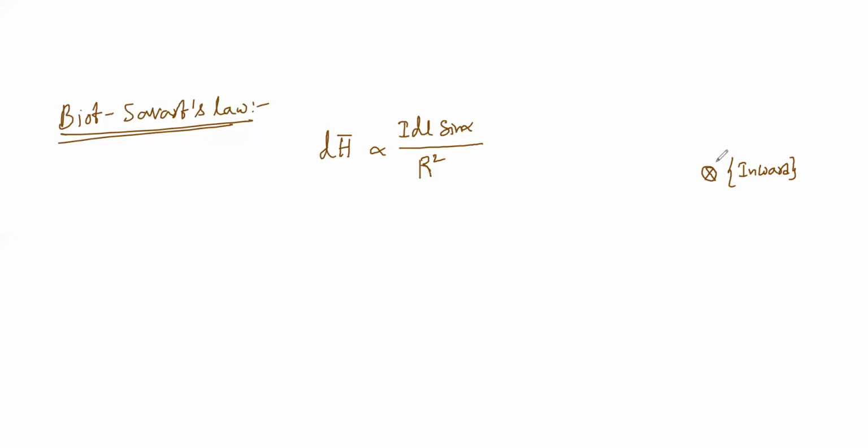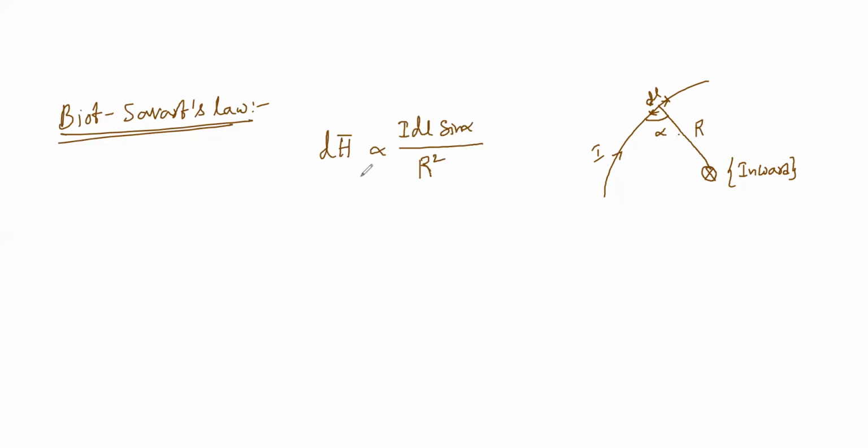With respect to this point, there is a current flow with the notation I, and among these elements, if you take a very small element of length dl, the joining of these two points is a distance called r, and the angle made by the line joining this distance r and the element dl we call alpha. Now this is the magnetic field dH at point P due to current element IdL.